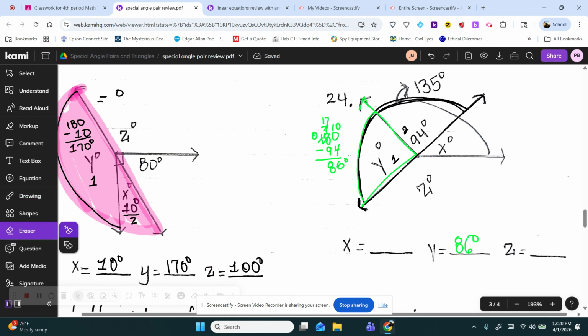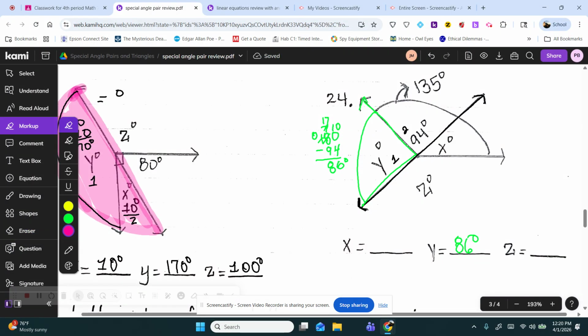All right, now I'm going to figure out the measure of angle Z. I'm going to erase some stuff. So angle Z is pretty simple. Excuse me, not angle Z, but this angle. This angle right in here has a measure of altogether 135 degrees.